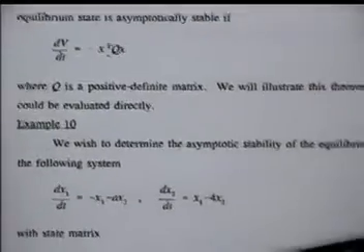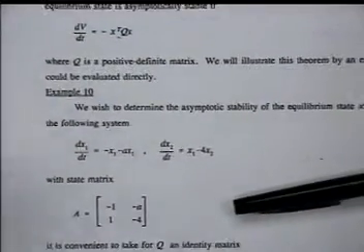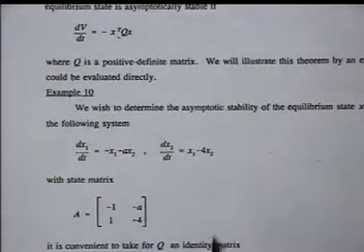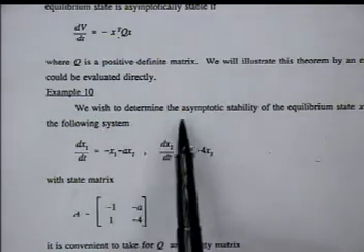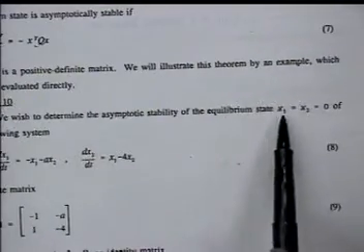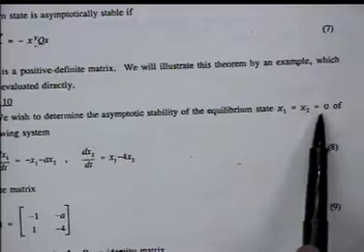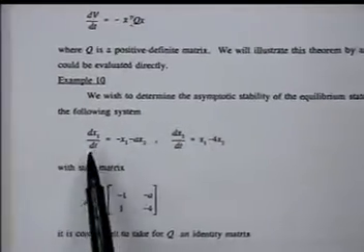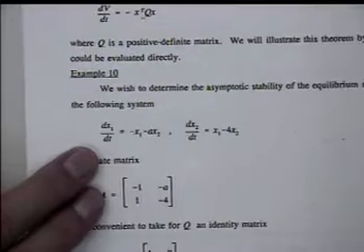Now, let us consider an example. We want to determine the asymptotic stability of the equilibrium state x1 equals x2 equals 0 of the following system.